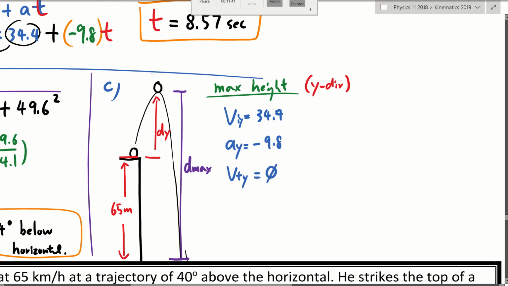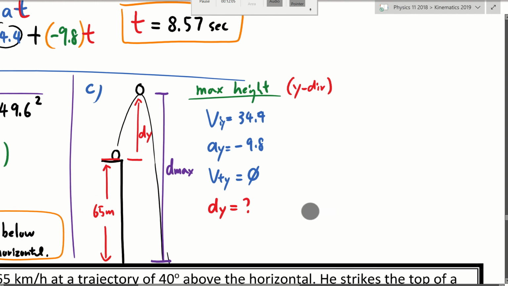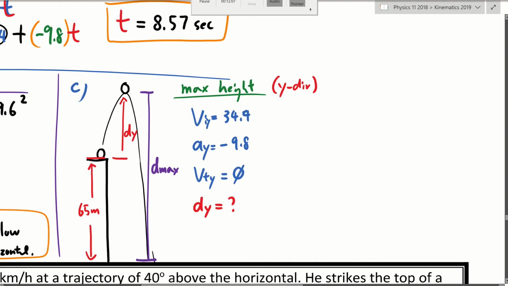So at the maximum, your speed vertically is nothing, which is good enough if you look at the equation for us to get our displacement. This displacement is just the displacement from the launching location to the maximum. We have to add 65 to it to actually get the maximum at the end.